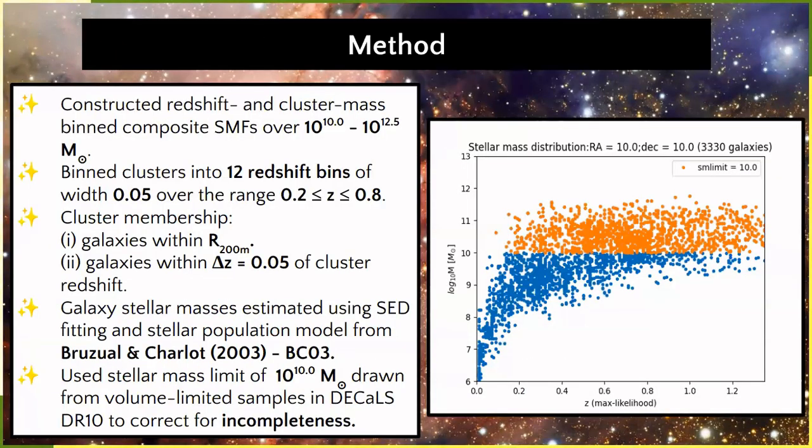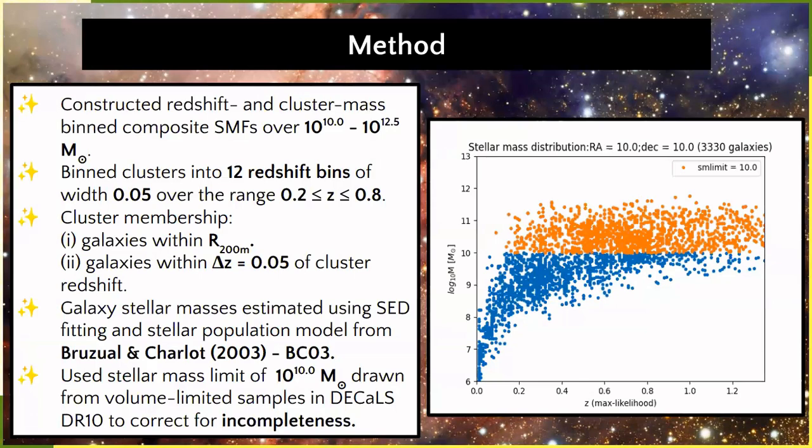So taking advantage of the accurate photometry from DECaLS DR10, we use photometric redshifts, or photo-z's, to construct redshift and cluster mass-binned composite cluster SMFs over the stellar mass range of 10^10 to 10^12.5 solar masses.